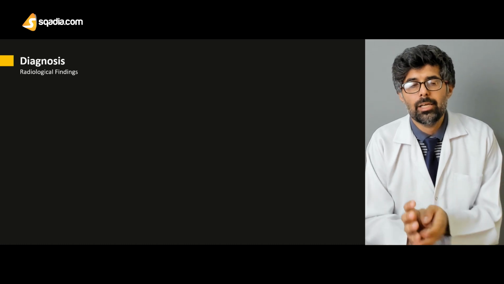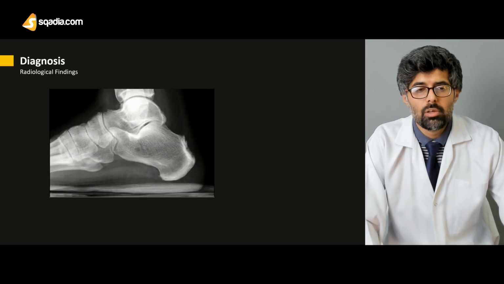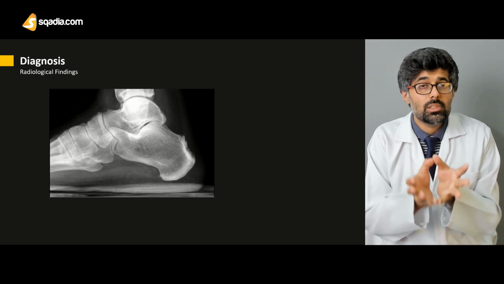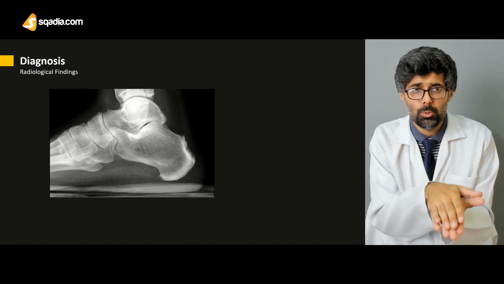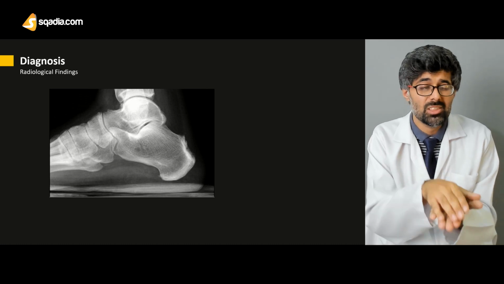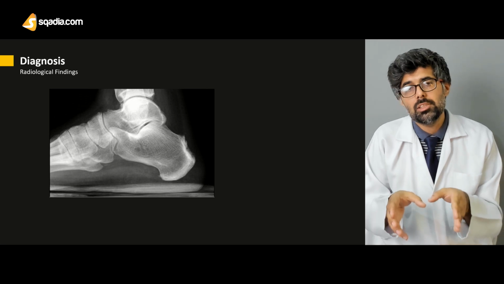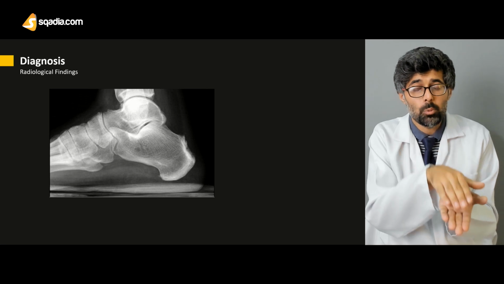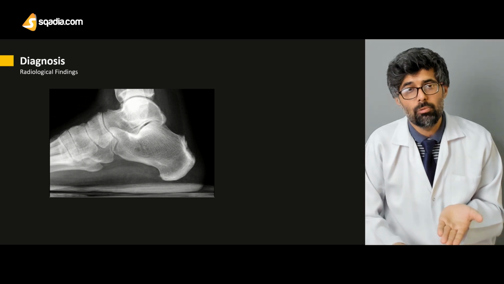Next, in the diagnosis, we'll talk about the radiographic findings. As for the radiographic findings, there is usually juxta-articular osteoporosis, that patients on x-ray suffer from osteoporosis, that the density of the bones is lessened, there's a decreased amount of spacing between the bones, and there's an increased amount of reactionary bone formation.